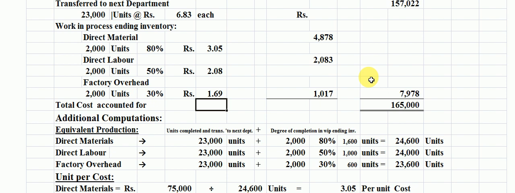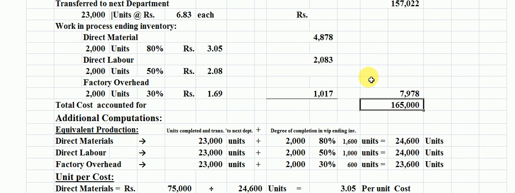Students, you are looking here, the direct material cost in work in process inventory is 4,878 rupees, same as labor cost is this and factory cost is this. Now we add the three figures in here. The final value of this figure is 7,978 rupees.